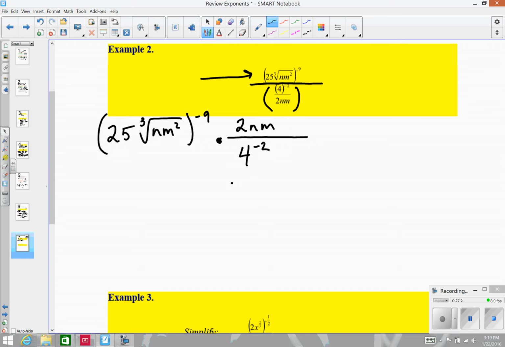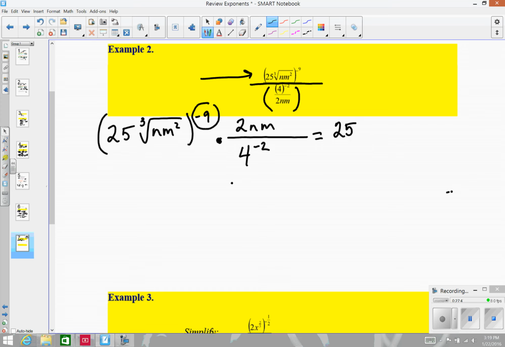Alright, now I've also got some negative exponents that I can turn to positive exponents. This first part here, the negative ninth power. How about if we first take everything in parentheses and bring it to the negative ninth power? Then I would have 25. And that's not to the third power there.